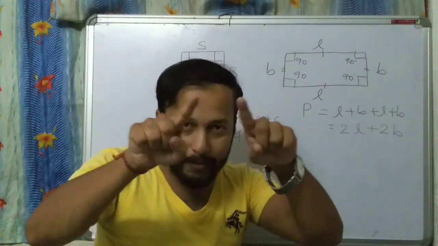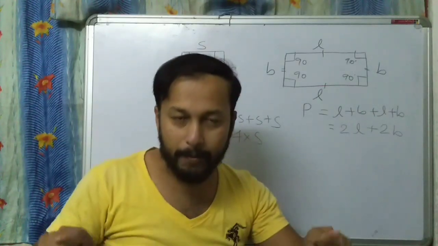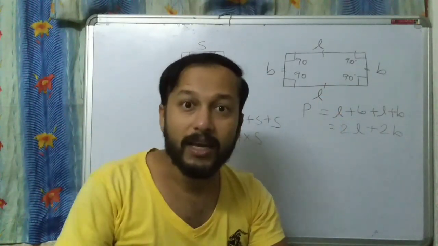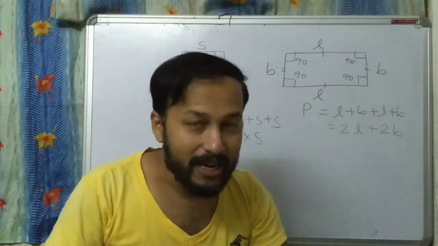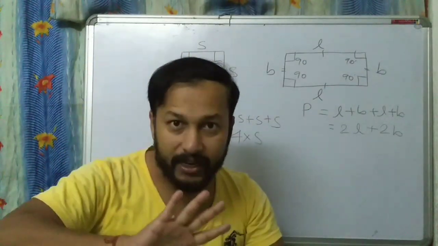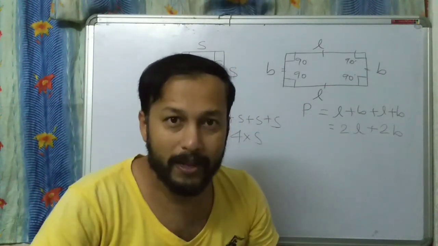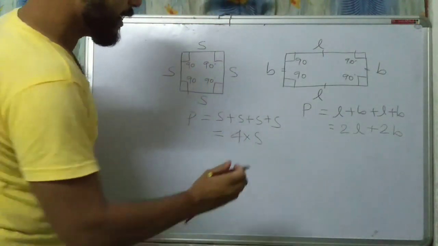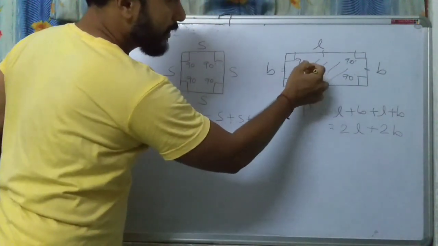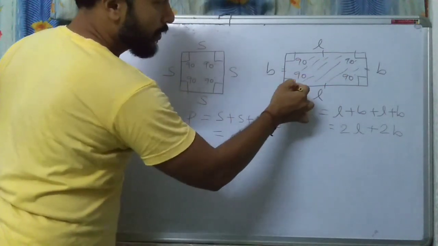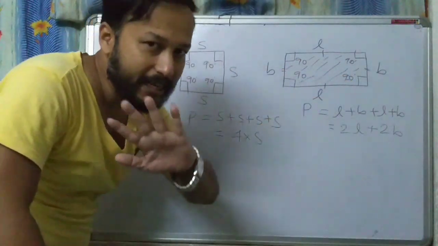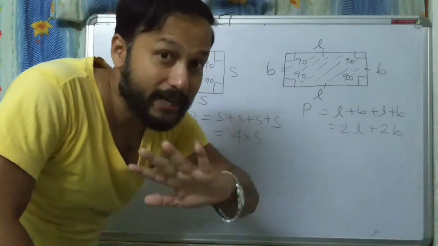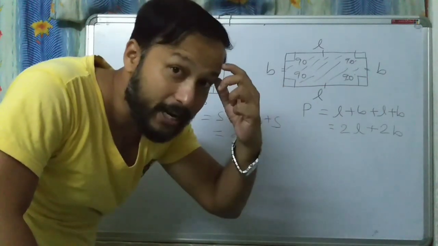So boundary means this. Boundary means perimeter. Area means inside boundary. That is called area. So what is area? Area means that inner portion or inside portion.